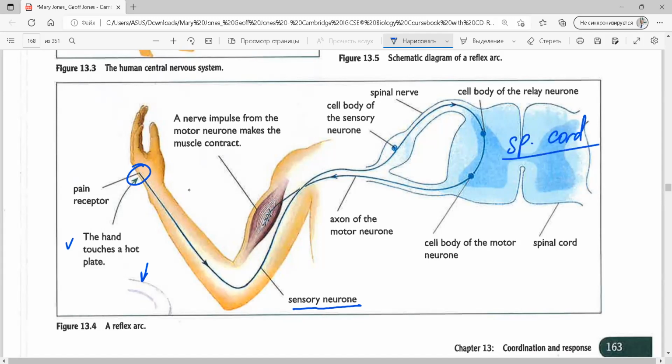It's a part of the CNS. Then the spinal cord creates a response, and this response moves by the motor neuron to an effector, which is in this case the biceps muscle. The muscle makes a response by taking the hand away from the hot plate.